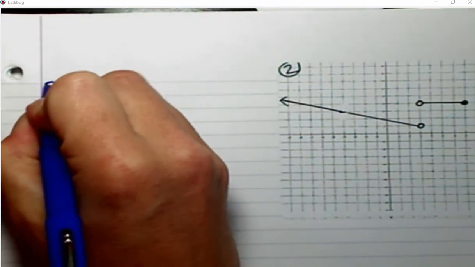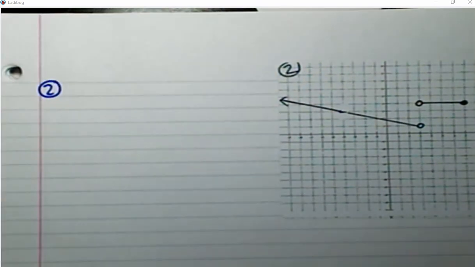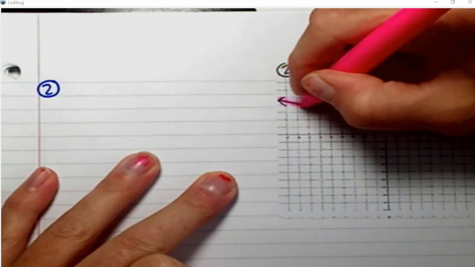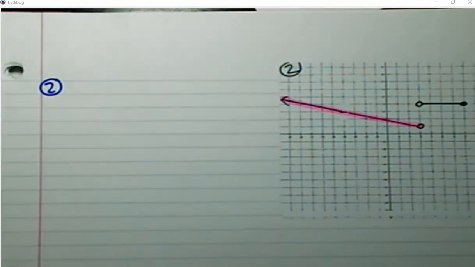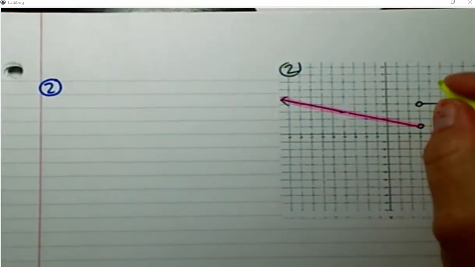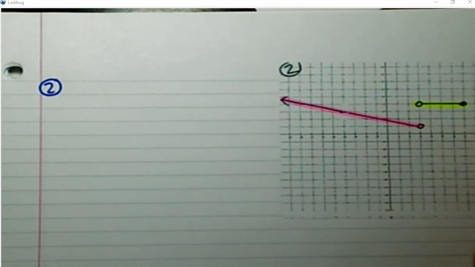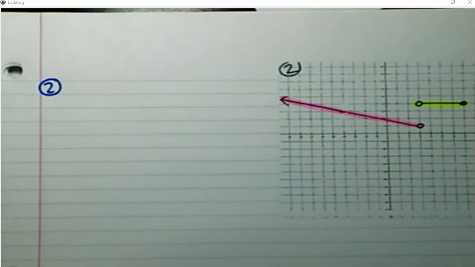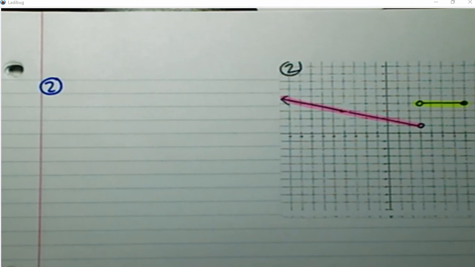So I'm going to do pink and yellow. This time I only have 2 pieces. Any extras come back up front so that we don't lose them.